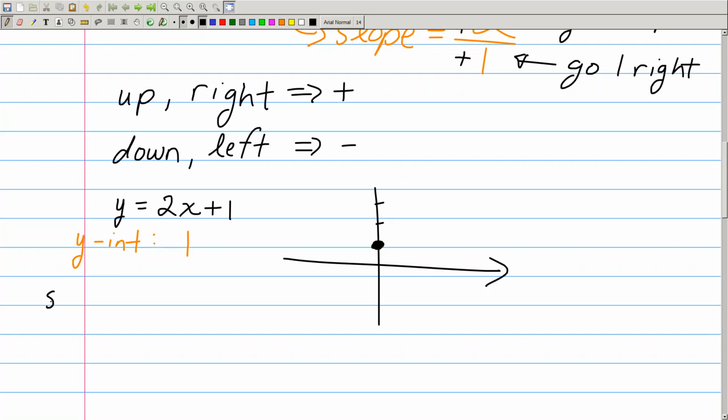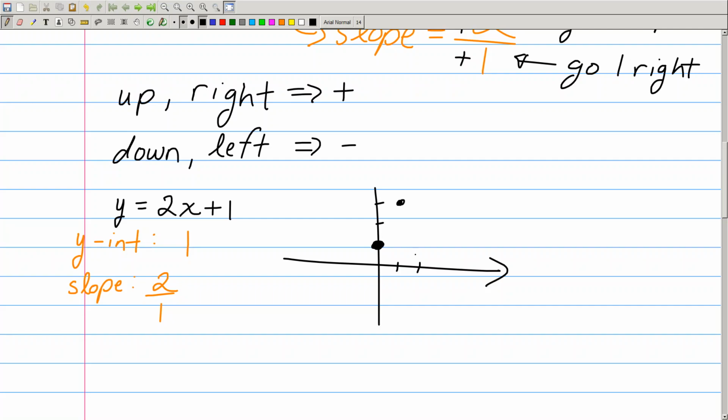Step 2, the slope. I'm going to keep it in orange just because I don't want to confuse anybody. Slope is 2 over 1. So I'm going to go 2 up and 1 over. Okay? 2 up, 1 over.